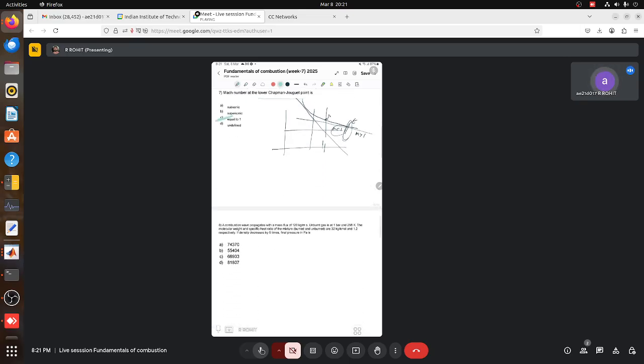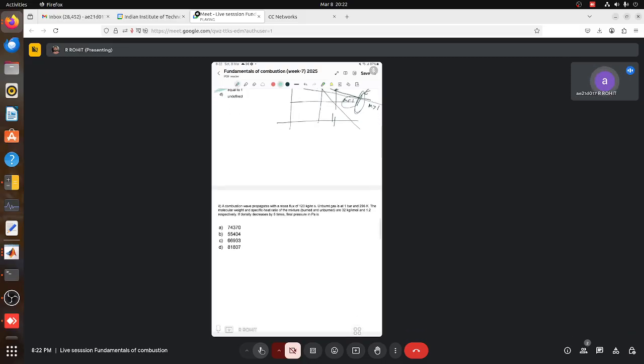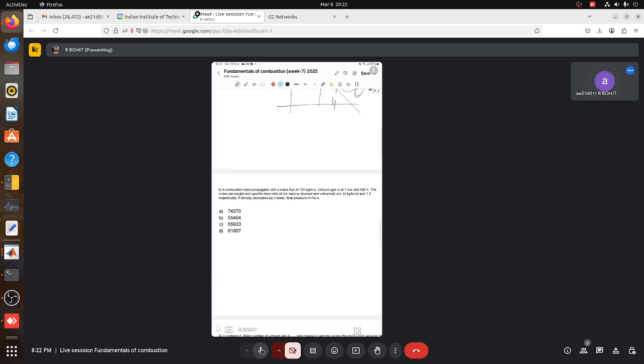So moving on to the next question. So this is a numerical. A combustion wave propagates with a mass flux of 120 kilogram per meter square second. Unburned gas is at 1 bar and 298 Kelvin.